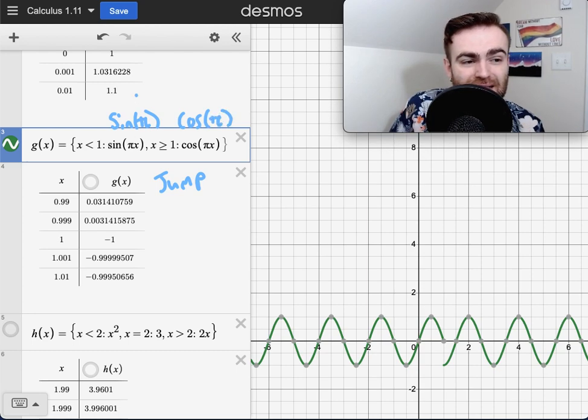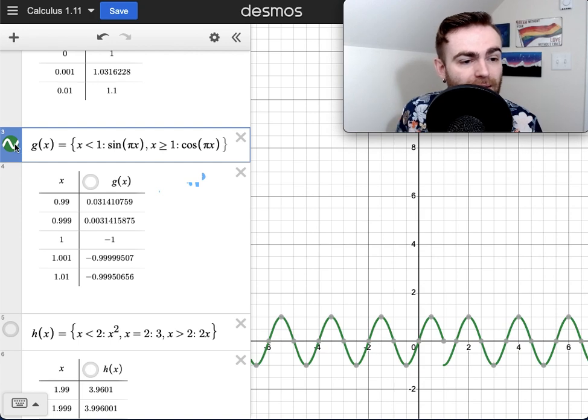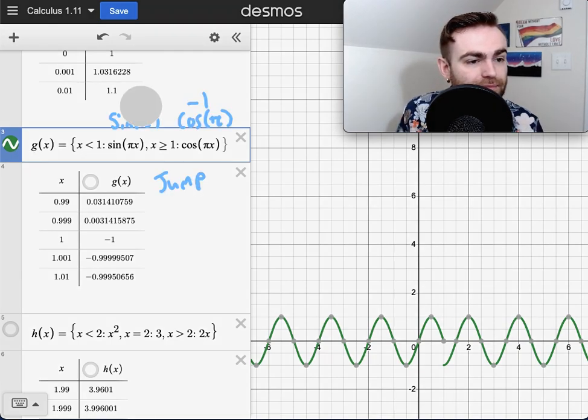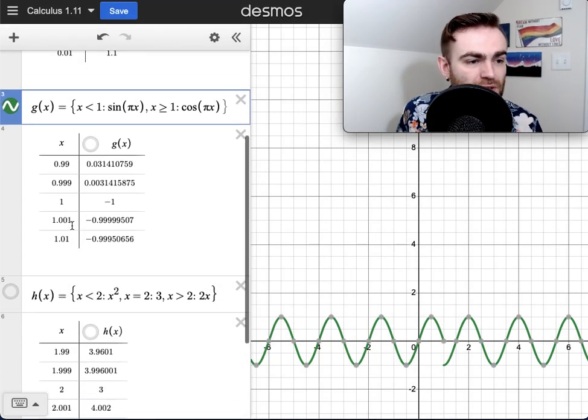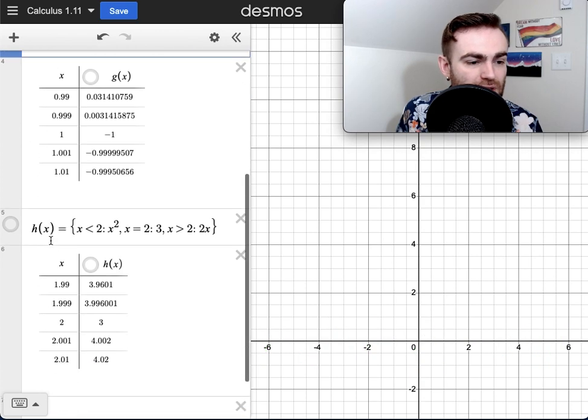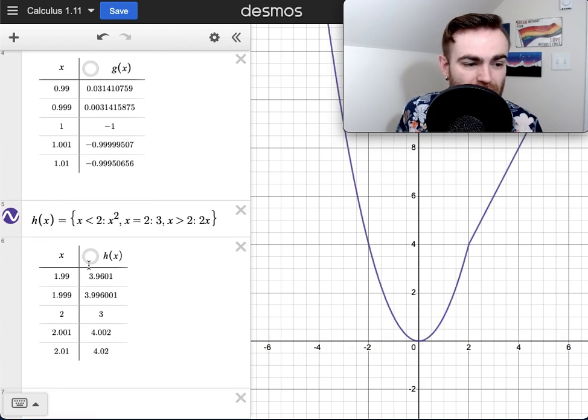Sine of pi is 0, and the cosine of pi is -1. Those values are not the same. Therefore, the limit doesn't exist, and it's jump discontinuity in this case. Let's clean that up a little bit. There we go. And let's move on to the last function here, which is this lovely piecewise function of 3 parts.